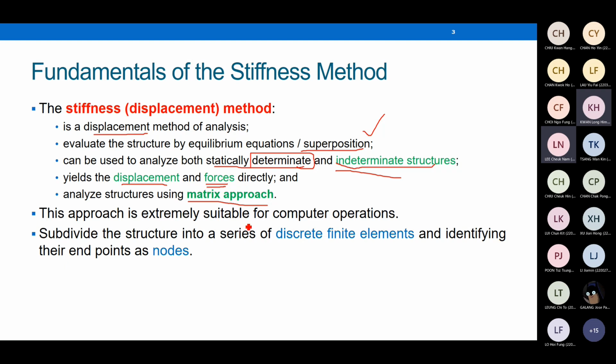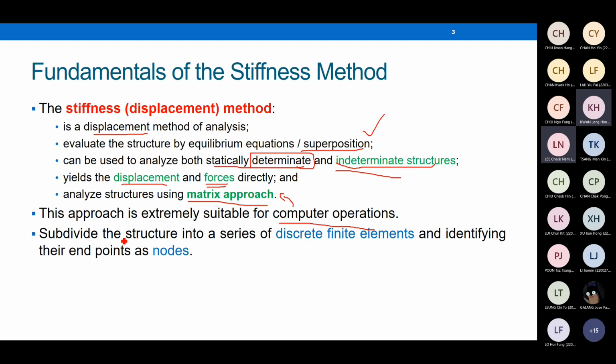This approach is extremely suitable for computer operations. A computer can handle matrix calculation efficiently, right? For example, Excel can also help you to solve this matrix problem. I will let you know how to solve a problem using Excel later.